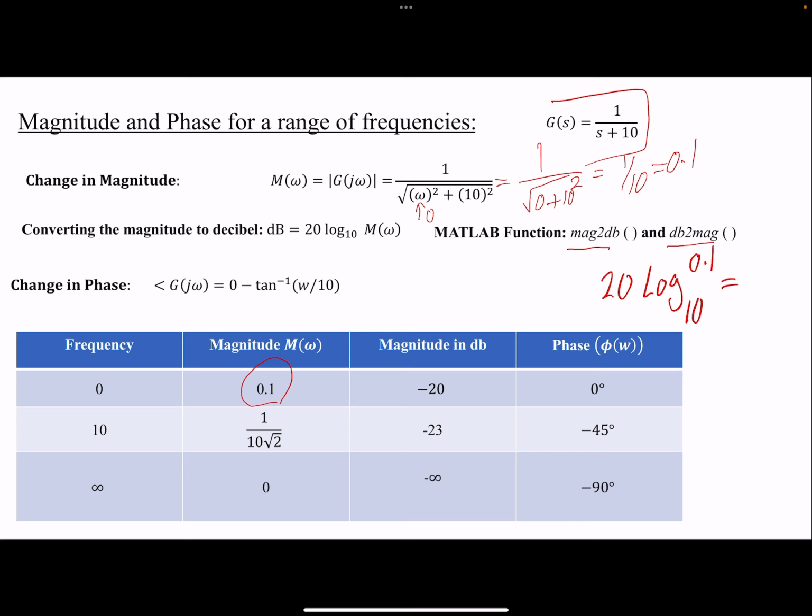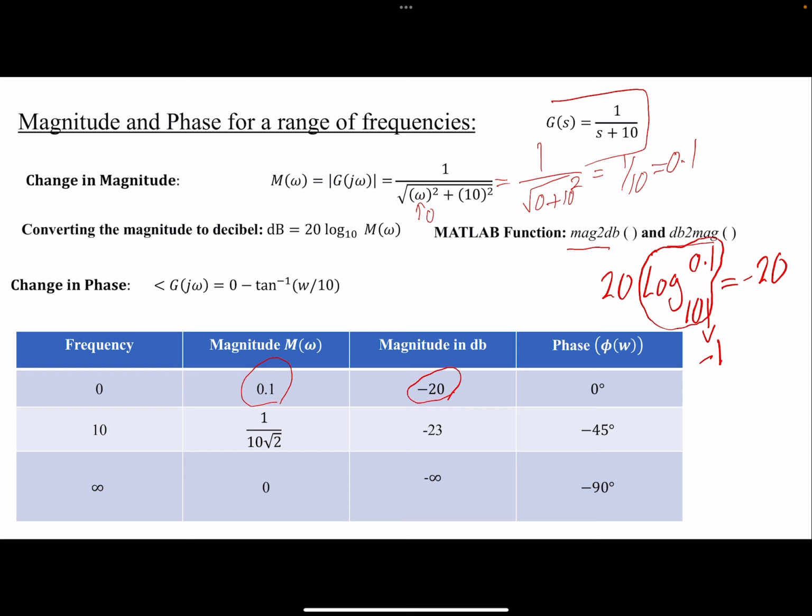What would be the value? I can find this first, log 10 of 0.1. That means I have to raise 10 to negative 1 to get 0.1. So that would be negative 1. 20 times negative 1, that would be negative 20. And that's what I have here.